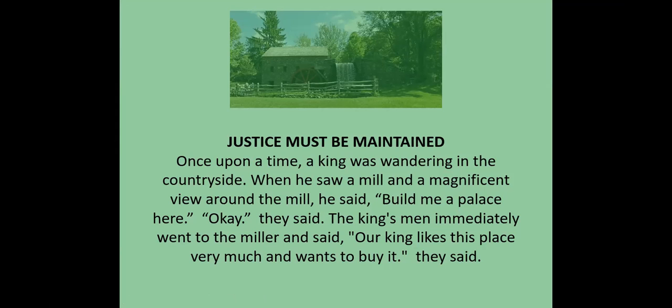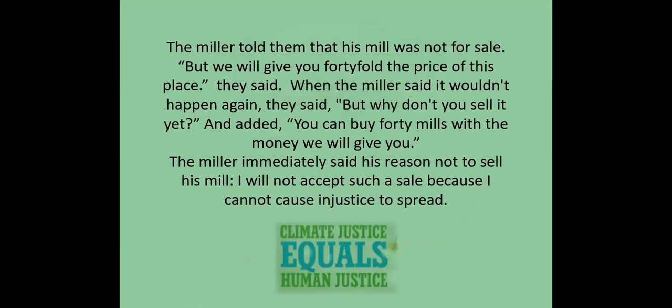The king's men immediately went to the miller and said, "Our king likes this place very much and wants to buy it." The miller told them that his mill was not for sale. He would not sell his mill.